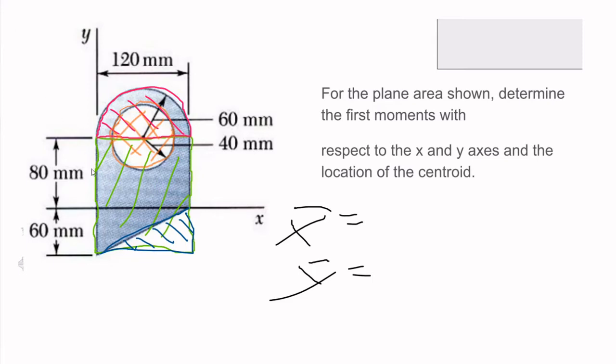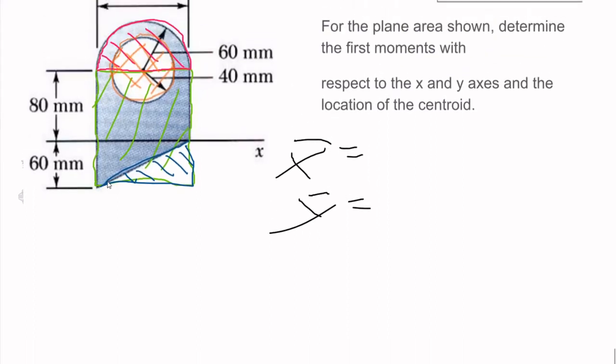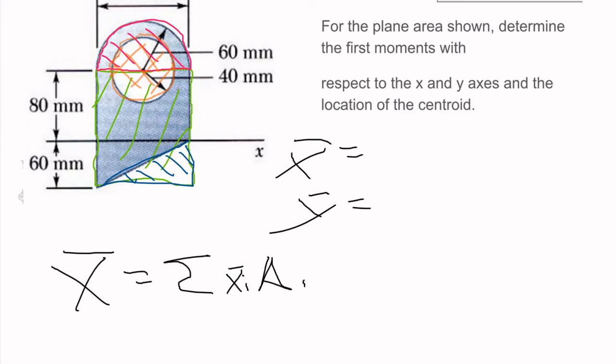Now that we've defined our areas, the steps that we need to follow are fairly straightforward but somewhat tedious. What we're going for is we know that we can calculate our x bar, our big X bar, which is equal to the sum of the x bar i's times the area for i's for all of the individual components, and then we divide that by the sum of the total areas.